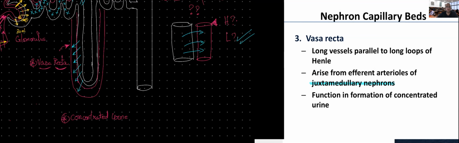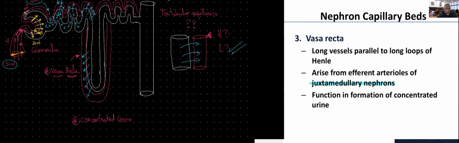What is the function of the vasa recta surrounding the long loops of Henle? Form concentrated urine. So again, how does the concentrated urine get formed in the juxtamedullary nephrons? Juxtamedullary nephrons simply have long loops of Henle, and those long loops of Henle are surrounded by vasa recta.